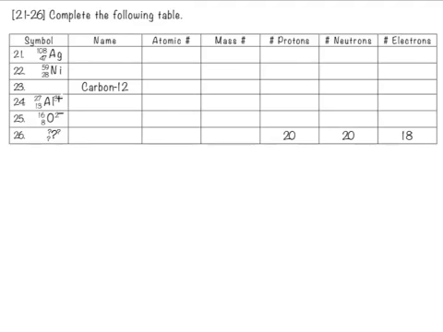Okay, bear with me on this diagram. It may be a little hard to write in all these boxes, but we'll give it a try. The first one, we know that this is silver 108, because that's the symbol for silver. 108 is the mass, written as a superscript to the left side. We know the atomic number of silver is 47, listed as a subscript to the left side.